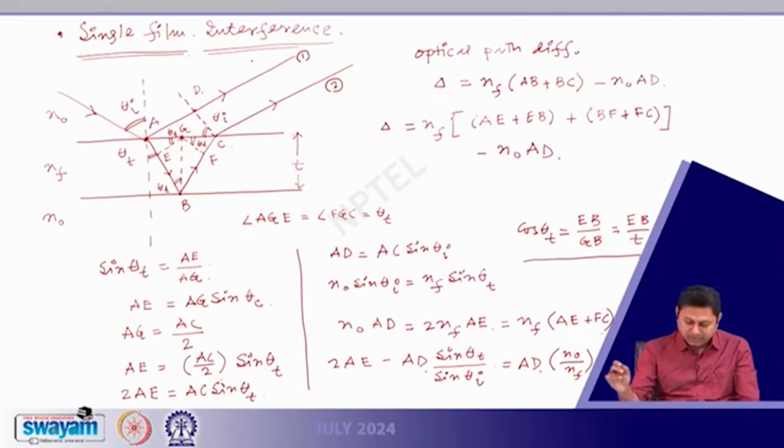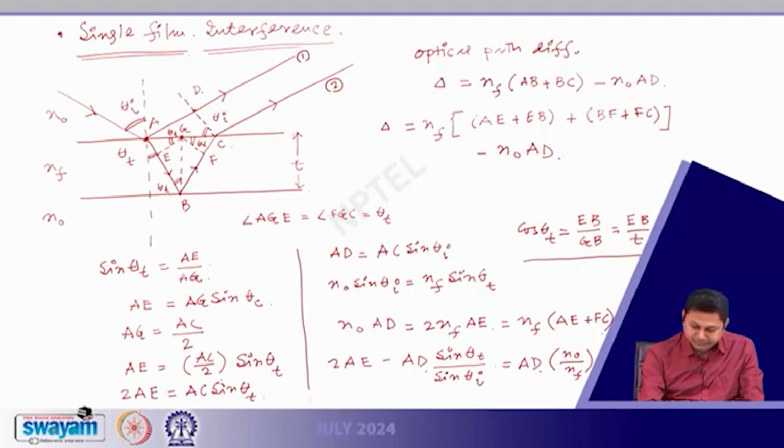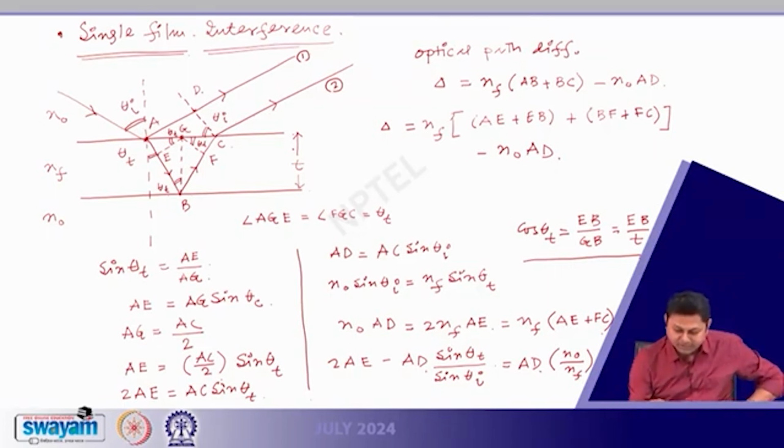Here, N0 AD was NF (AE plus FC), and NF (AE plus FC) was already there. FC and AE, this quantity is here. So let me write it once again here.